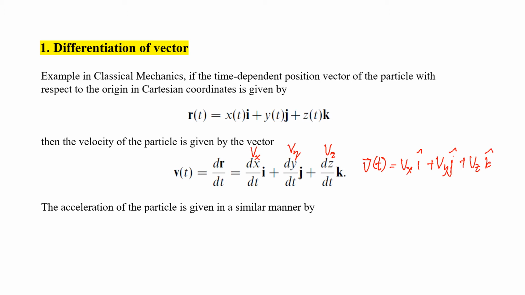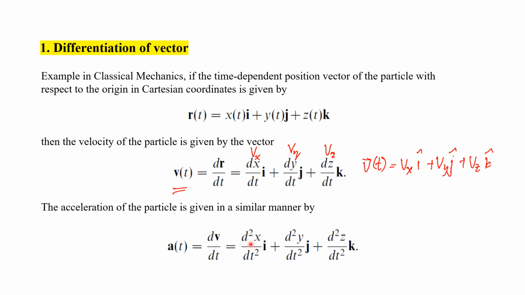The acceleration of the particle is given in a similar manner: it is the time derivative of your velocity function v(t), so that is equal to dv/dt, which is the second time derivative of the time-dependent position vector.